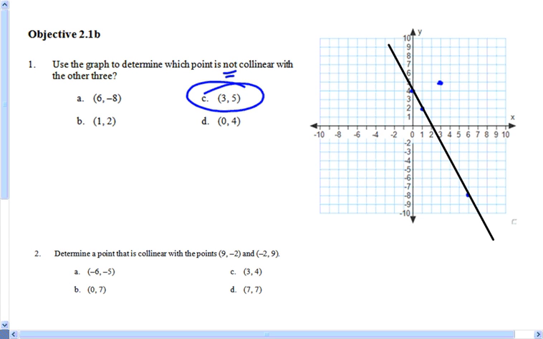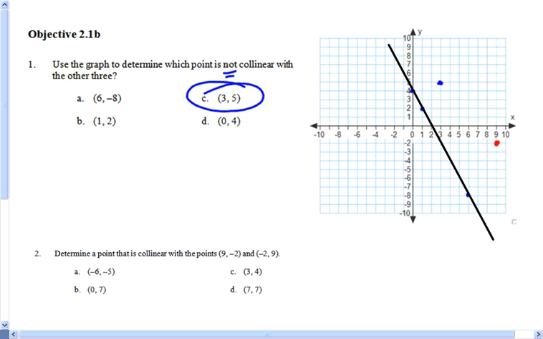All right. The second problem says determine a point that is collinear with points (9, -2) and (-2, 9). Again, as long as we have a graph here and they fit on the graph, we might as well use that. So we can put the point (9, -2) on here, using red so you can tell them apart from the first one.